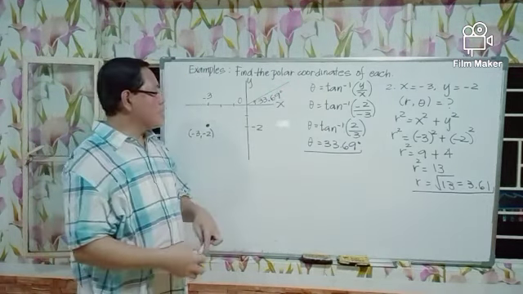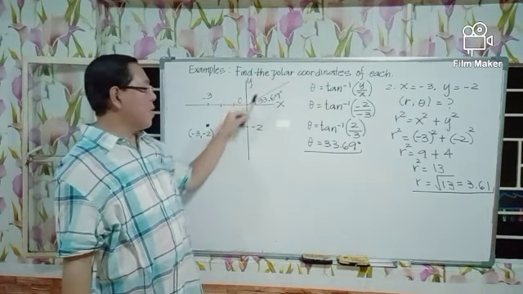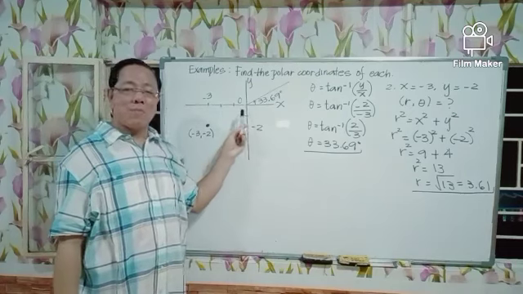And this is the angle 33.69 degrees with the terminal side, this ray from the pole or the origin.